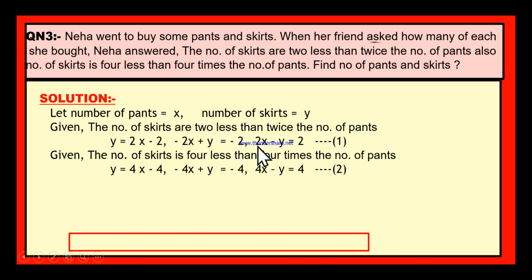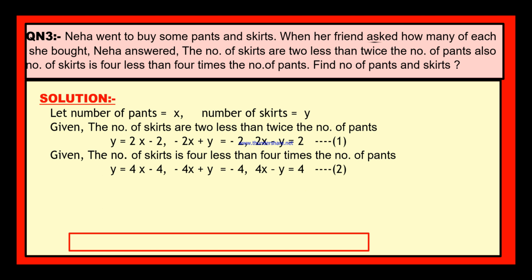The first equation is 2x minus y is equal to 2 and the second linear equation is 4x minus y is equal to 4. We have two linear equations and two unknowns, and we have to solve them in order to get the x and y values. Therefore, let us find the values of the unknowns x and y.